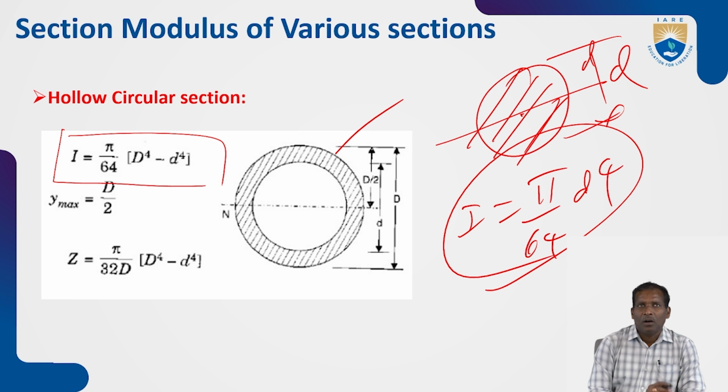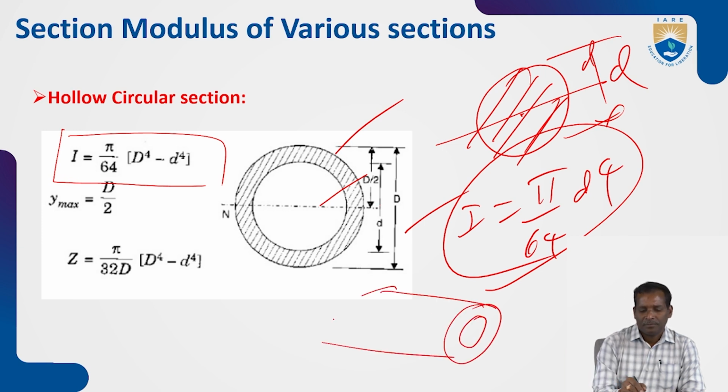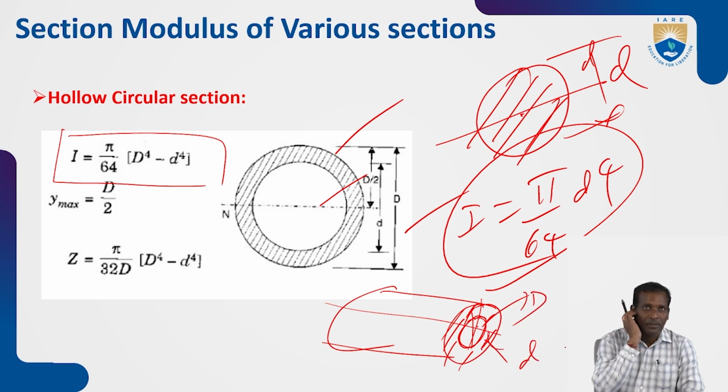This is not hollow. For the hollow one, the inside dimension is also there, that is small d and capital D, external diameter and internal diameter. Suppose the beam is like this. So inside diameter is small d and outside diameter is capital D.